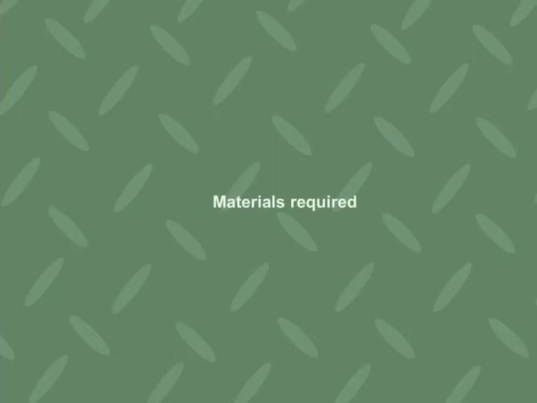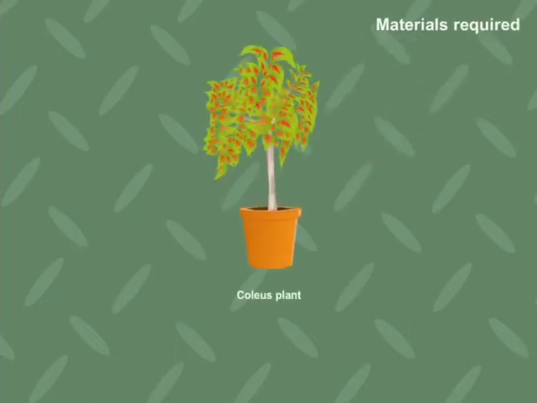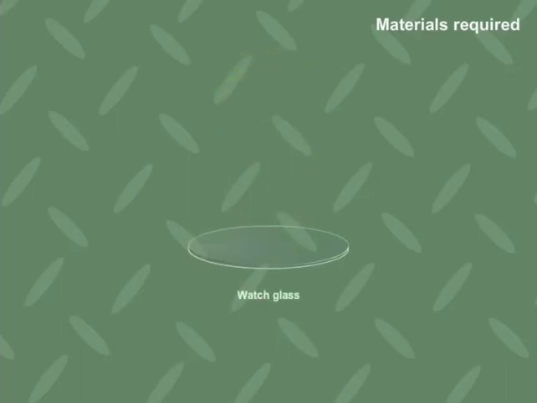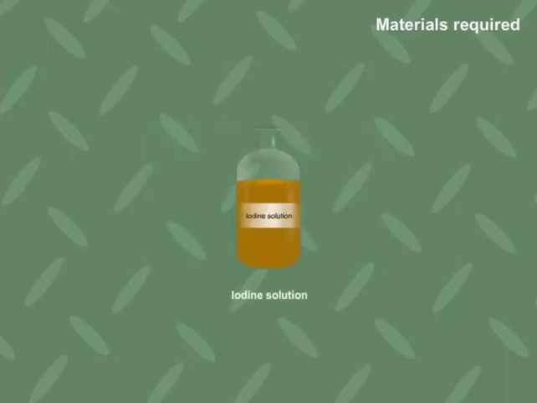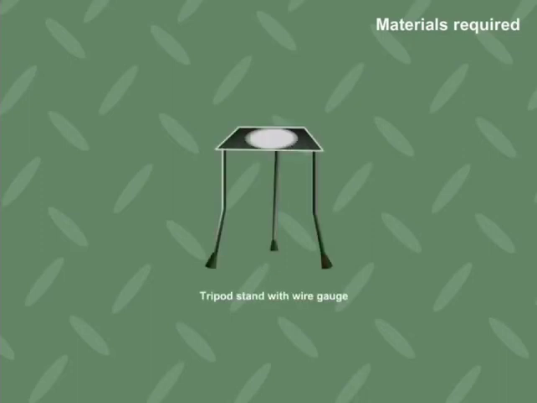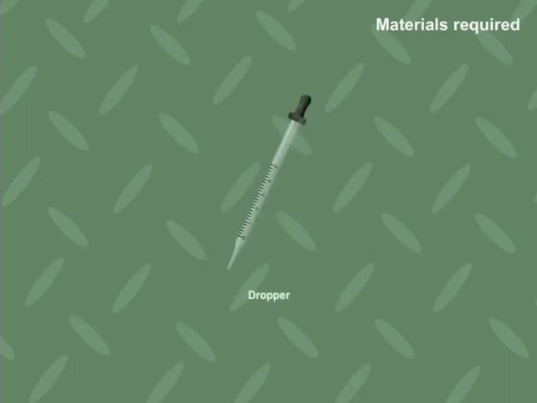Materials required: Coleus plant, watch glass, test tube, 2 beakers with water, iodine solution, alcohol, white paper, Bunsen burner, forceps, tripod stand with wire gauze, and dropper.